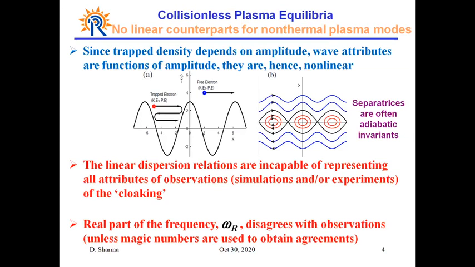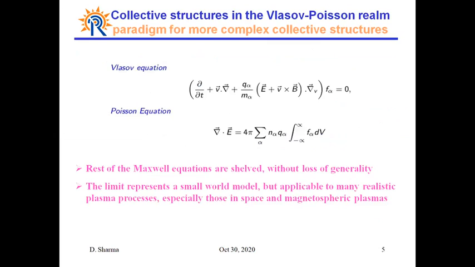So with these two notes, I'll go to my next slide, and you can see that what I'm talking about is a very simple Vlasov-Poisson model. One can always go to a full set of Maxwell's equations, but here for this treatment, the full set of Maxwell's equations is shelved, and for the dispersion and stability analysis, it produces no loss of generality.